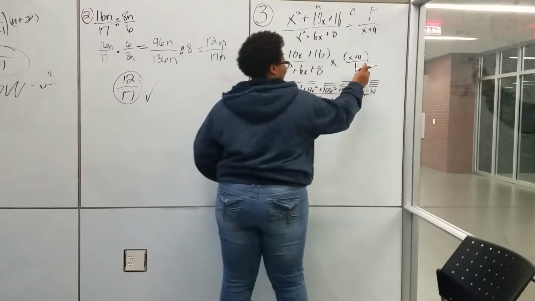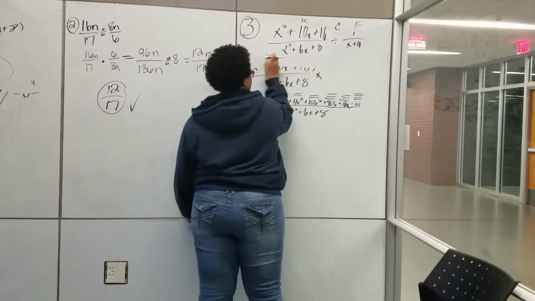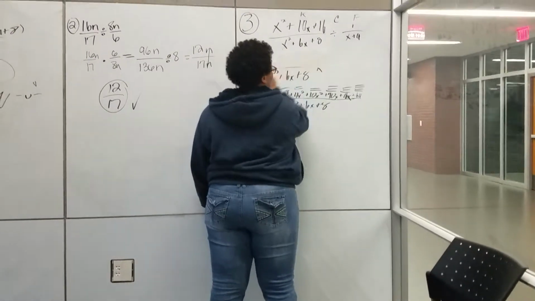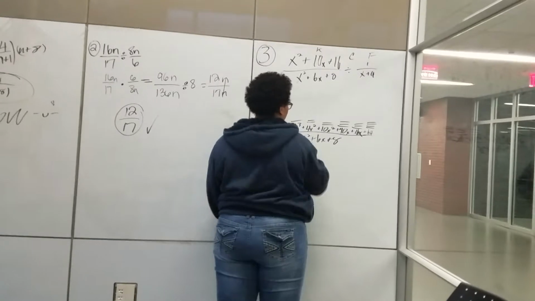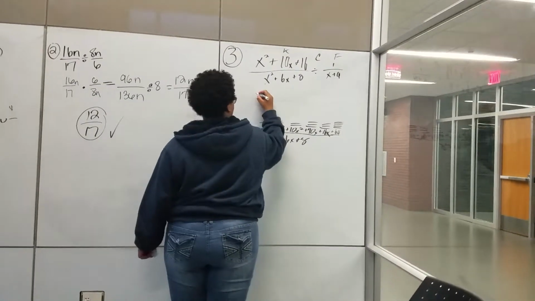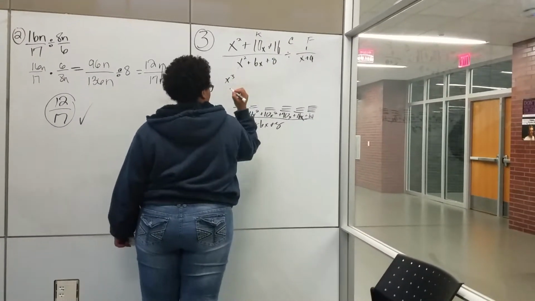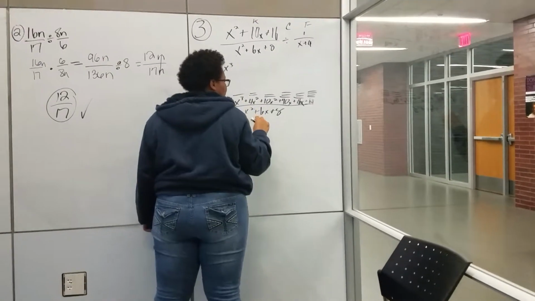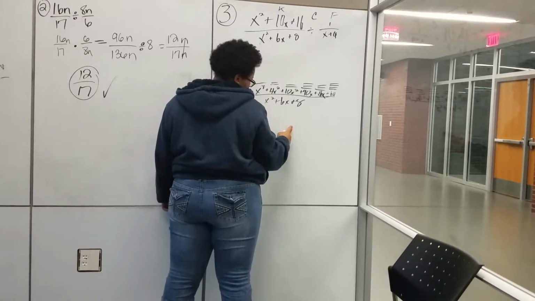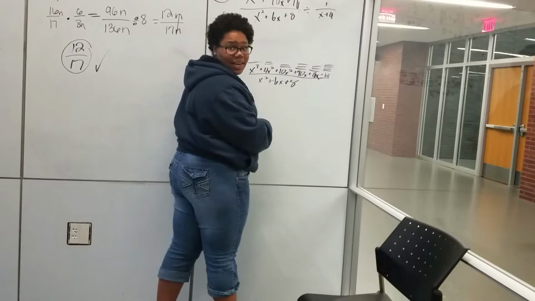So I'm going to go ahead and erase this. Okay, so you got your x cubed because that was the only one. And then you add 4 plus 10x squared, which is 14x squared.